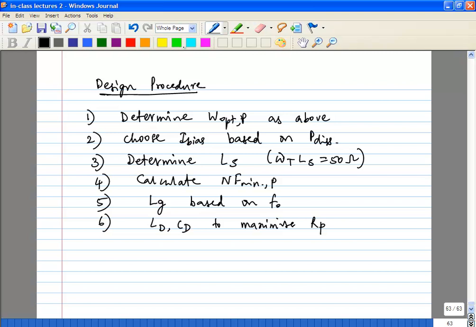Why do you want to maximize RP? Because your gain depends on RP, right? So if you maximize RP, you can actually cut current and achieve the same gain at a lower current. That's all.